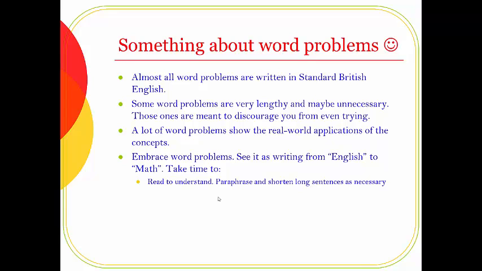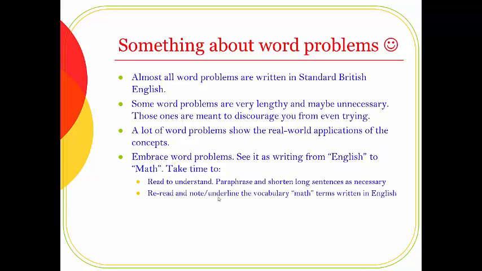Then, sometimes you might need to paraphrase and shorten long sentences as necessary. If you don't like those big words, you might need to paraphrase. We will look at an example in this video to see how you do it. Then it is also important that you reread, and as you reread, you underline or note the vocabulary math terms written in English.